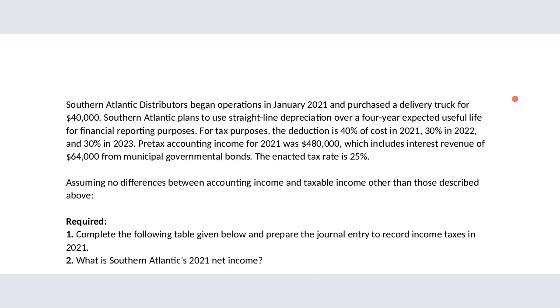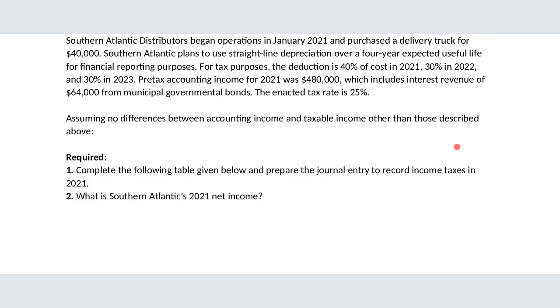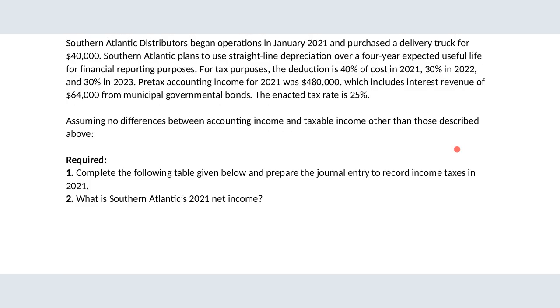Okay, I think we already did this, right? Didn't we do this? Oh, okay, it's a different company. It's not Southwestern Airlines or something. This is Southern Atlantic Distributors, but it's pretty much the same concept. We purchased a truck. They gave us the value of the asset.